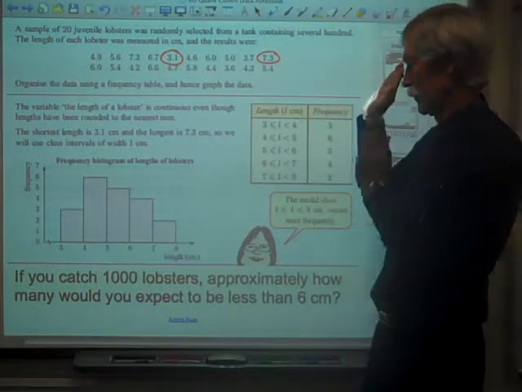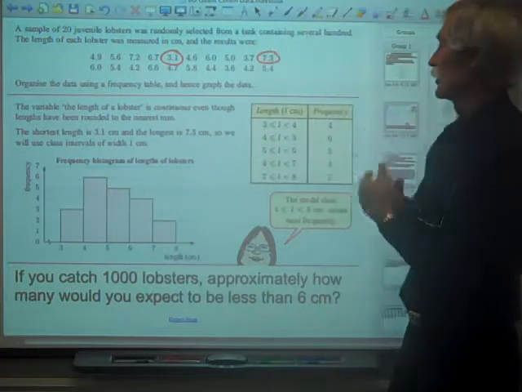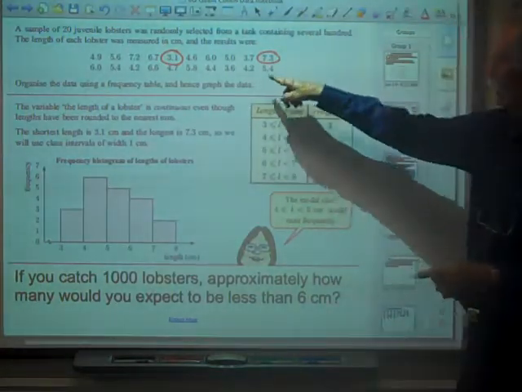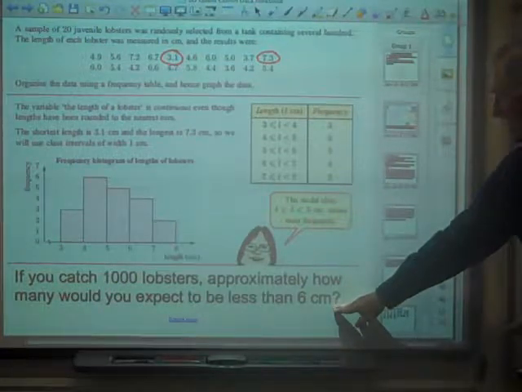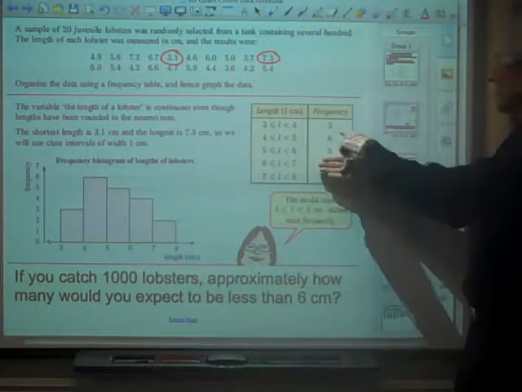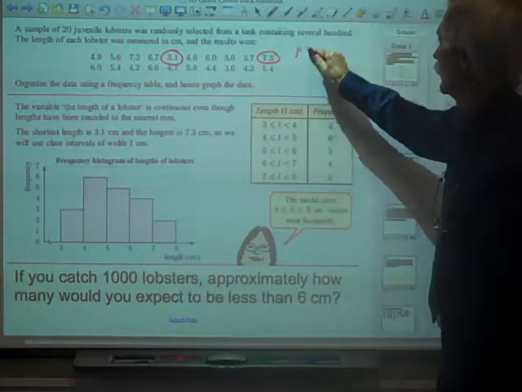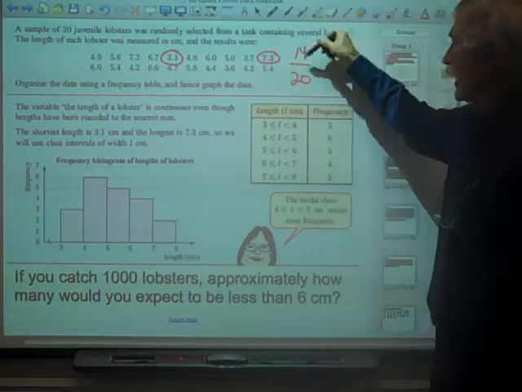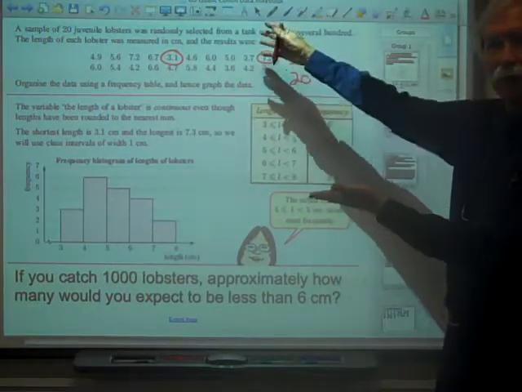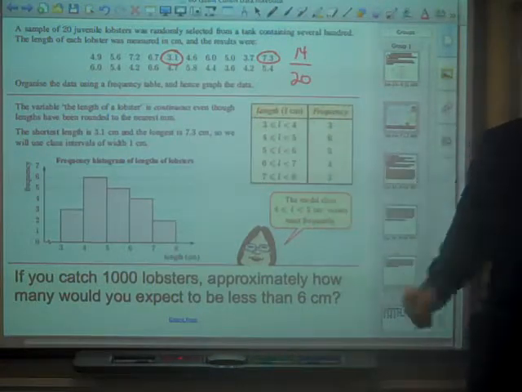Okay, so this is a representative sample. 20 lobsters. How many of my 20 lobsters fit this requirement? Less than 6 centimeters. 14. 14 out of 20. So is that fraction of these lobsters working for what they want? Yes. What if you have 1,000 lobsters?